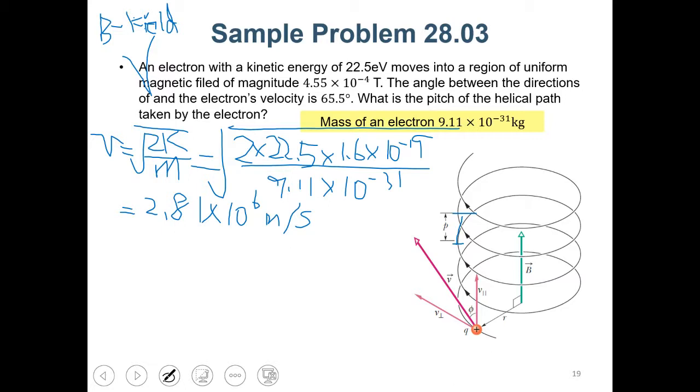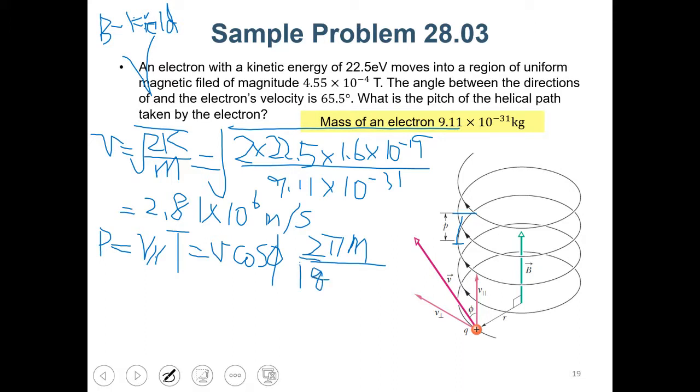So P equals V parallel times T. V parallel is V cosine phi, and the period of the circular motion is 2 pi m over qB.